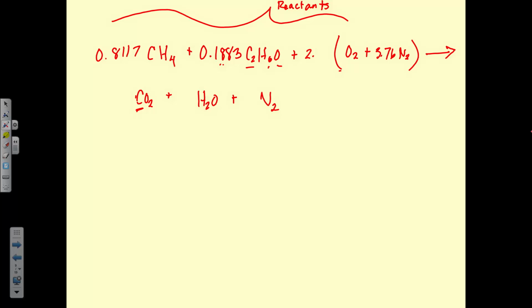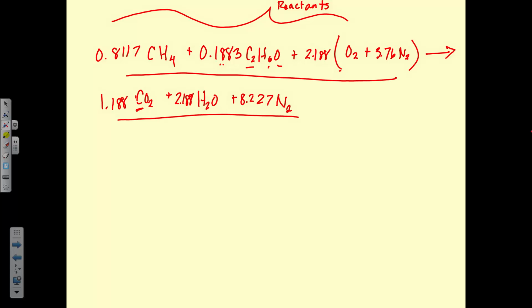So this is 2.188. This CO2 is 1.188. And in front of H2O is 2.188. And in front of the nitrogen, 8.227 and 2. Okay, so again, we have our reactants and then our products.